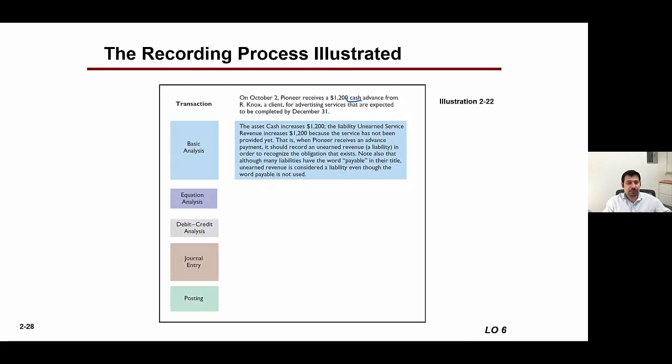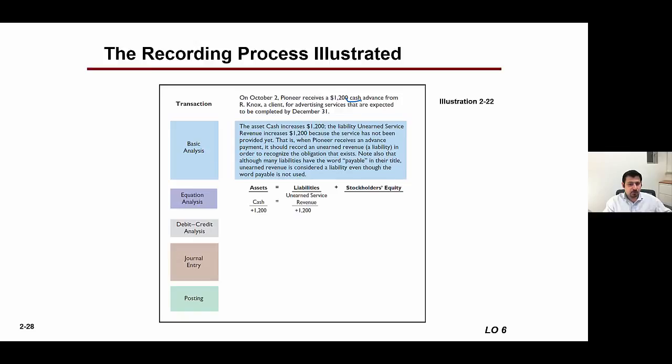As a result, this is a liability. Unearned service revenue is a liability, and the liabilities have increased by $1,200. We don't consider it as revenue yet because we have not provided the services until the end of the month. So cash has increased by 1,200, and the liability unearned service revenue has also increased by $1,200.